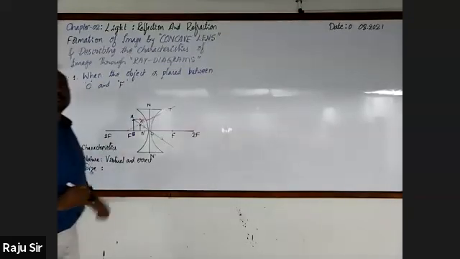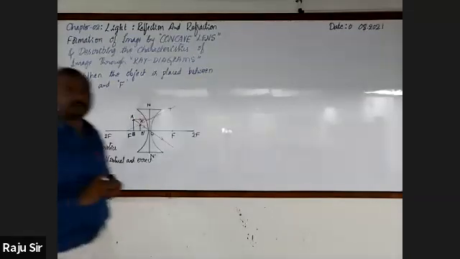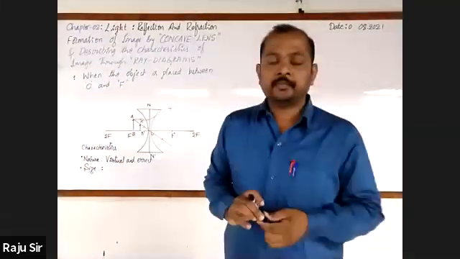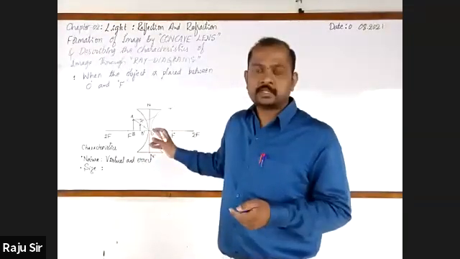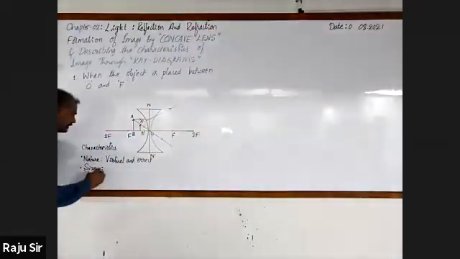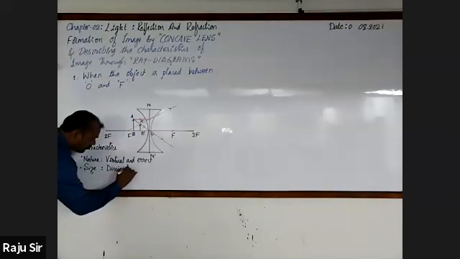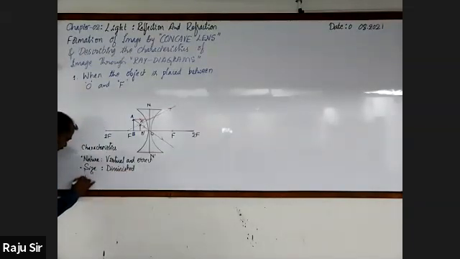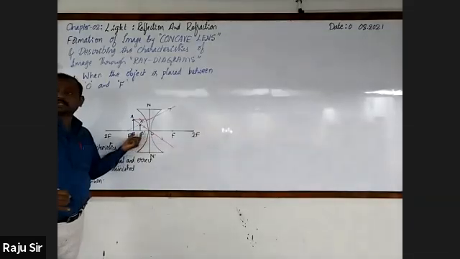Size of the image: diminished, smaller than the object. Arsha, have you written? Size is diminished. Position: between focus and optical center, on the same side of the object.